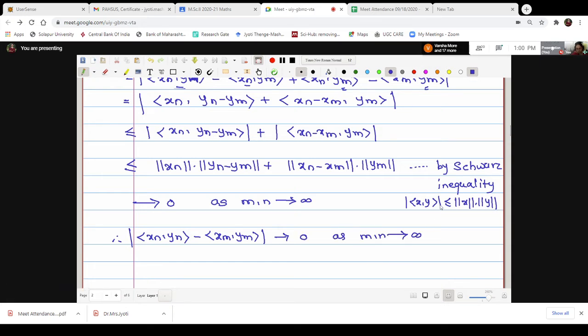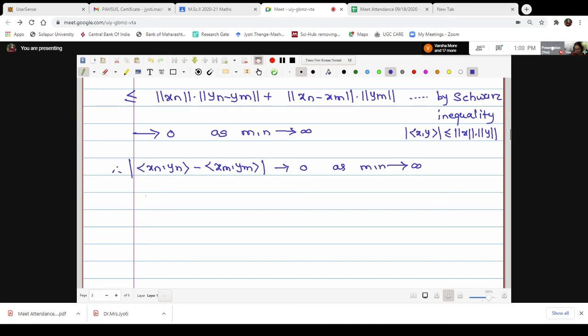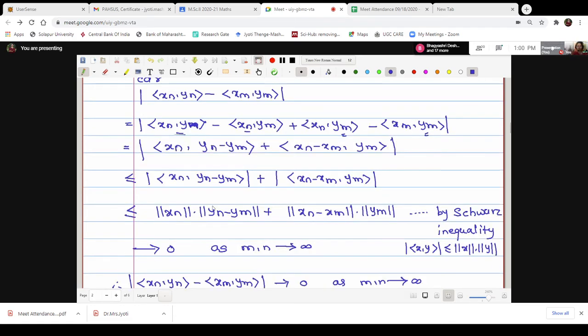Hence the sequence inner product xn yn is a Cauchy sequence in K. To prove this example, just keep in mind this is an adjustment we have made, adding and subtracting the same term.